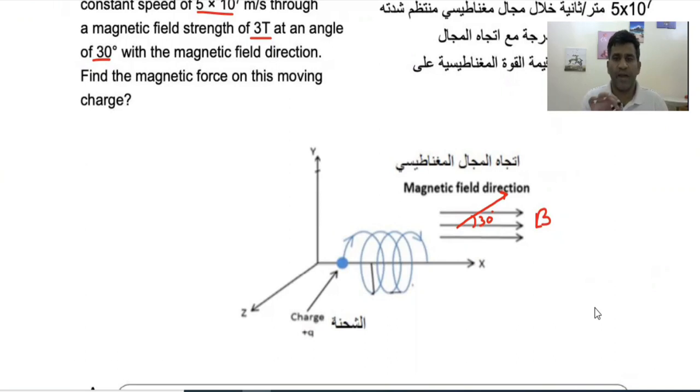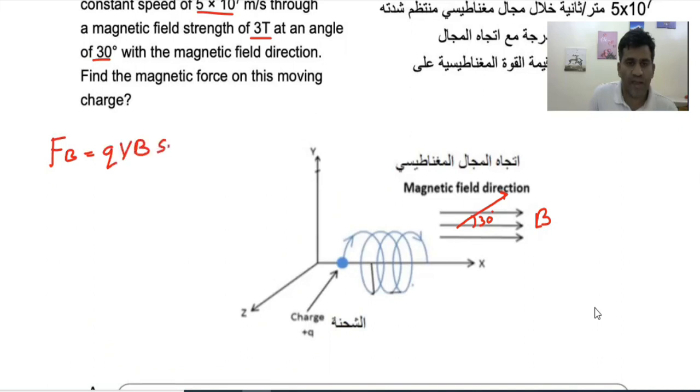This is a simple and straightforward question based on the formula, and no conversions are required. The formula for the magnetic force F_B is written as F_B = QVB sine theta.